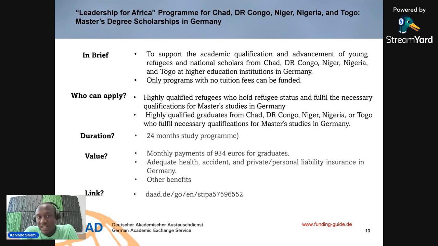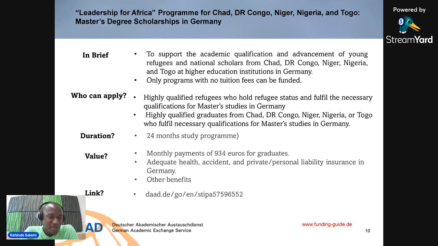So the next one is the Leadership for Africa program. This is usually for those from Chad, DR Congo, Nigeria, Togo, and so if you are from any of these countries, you can apply.